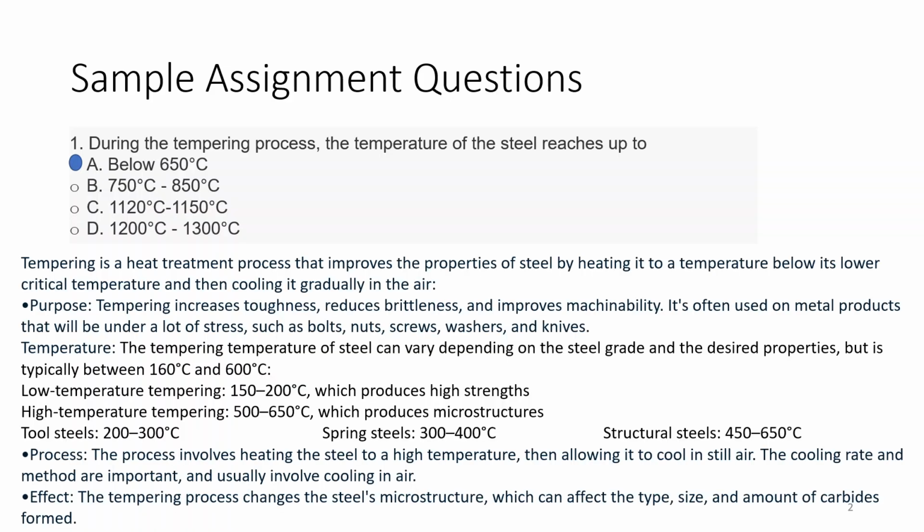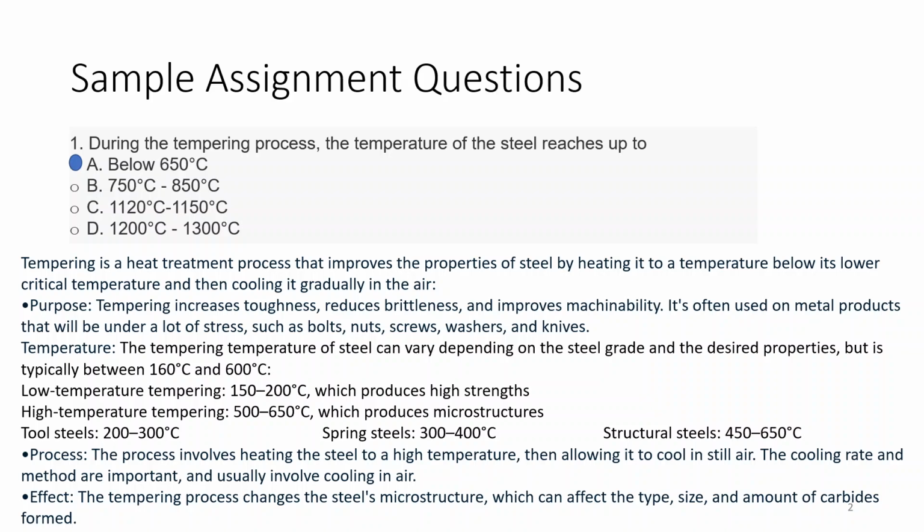And you need to keep in mind the definition of tempering as well. So tempering is basically done to relieve the residual stresses that arise during formation of martensite. Okay, after quenching, there will be a lot of residual stresses. So tempering is a heat treatment process which improves the properties of steel by heating it to a temperature below its lower critical temperature and then cooling it gradually in the air.